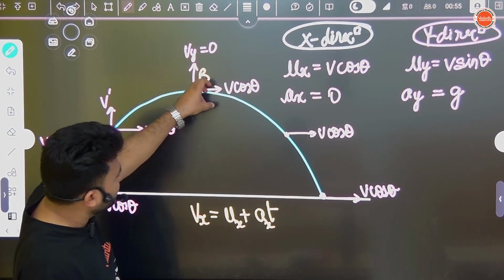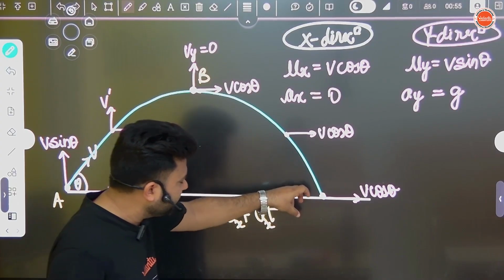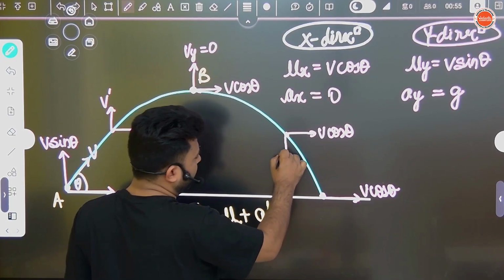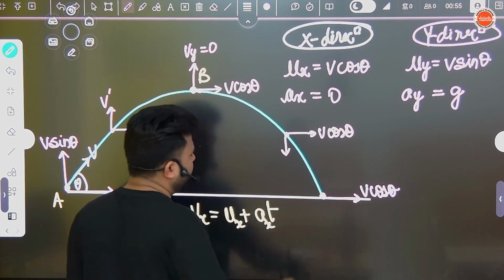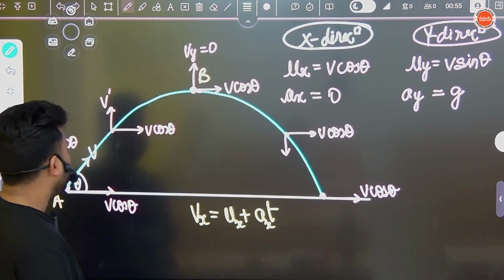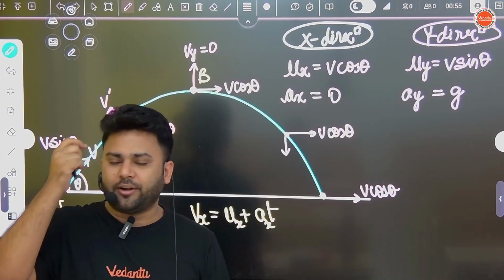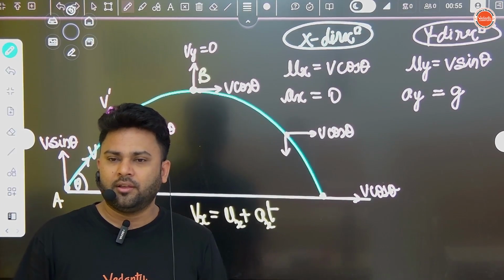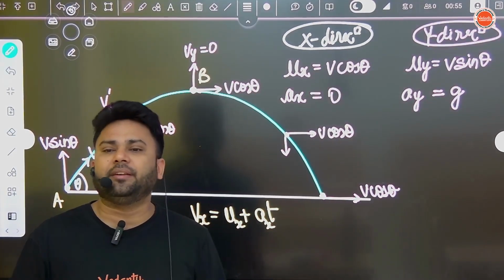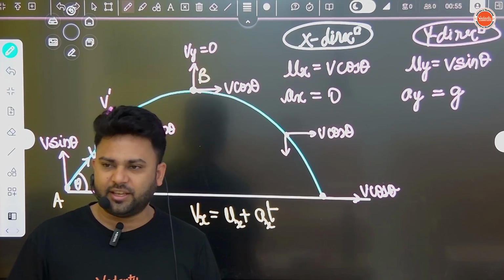Now as it falls down, again the y component will increase. Here also it will increase, again it will increase, here it will be maximum. Now here also same thing. You remember in 1D motion I told, I don't know whether you people attended or not: same level, same speed.